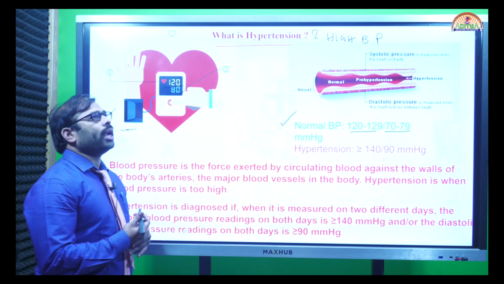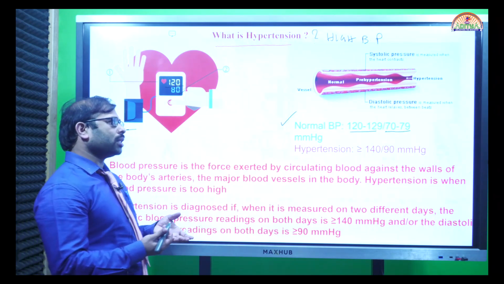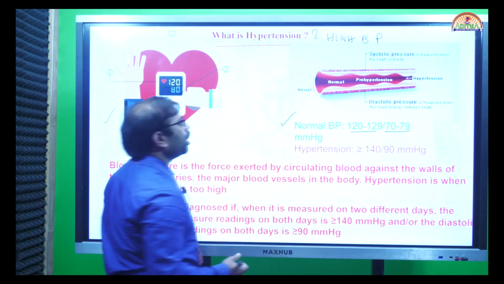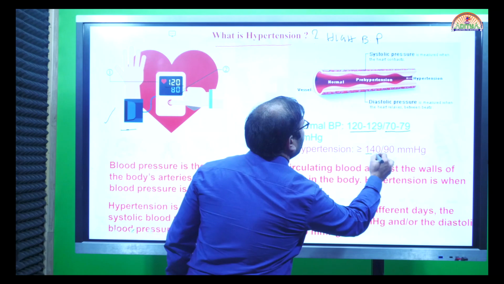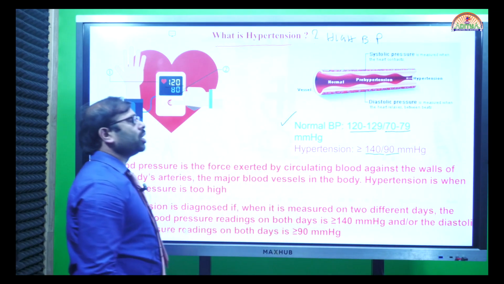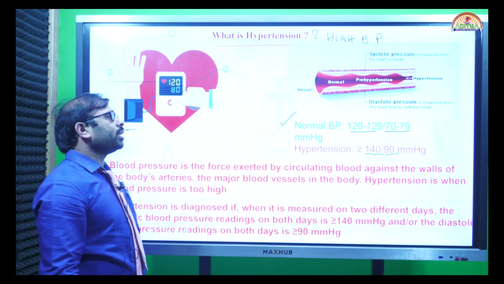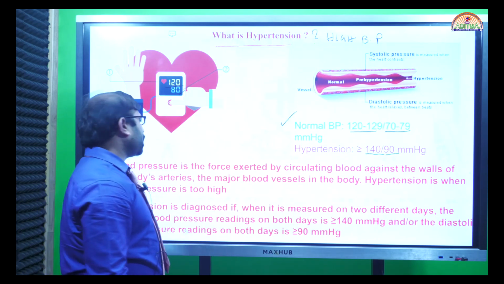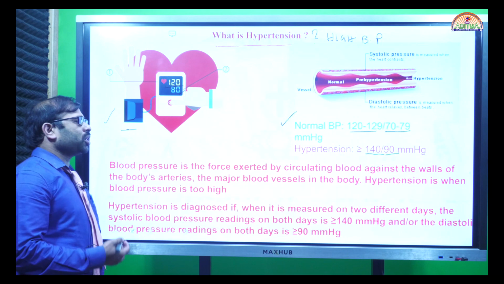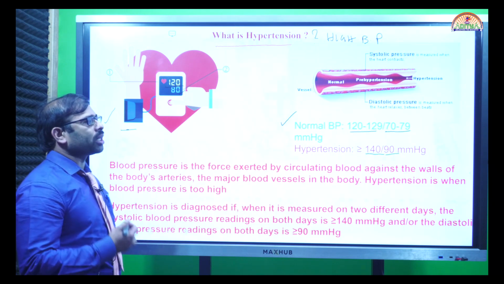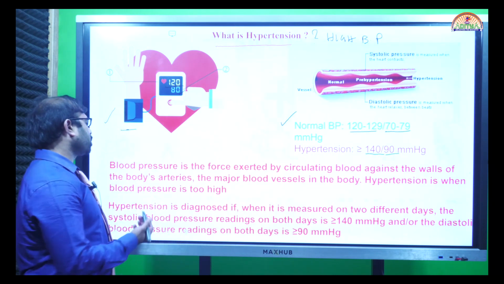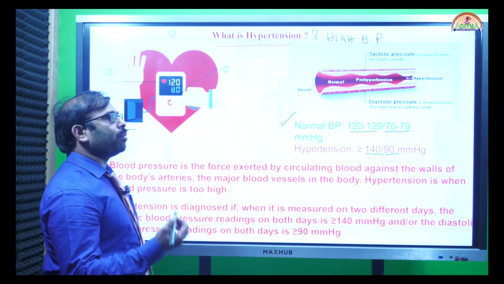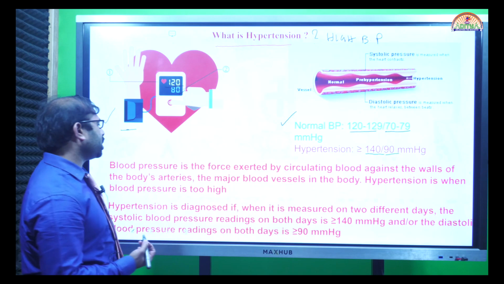That high BP is also known as hypertension. Usually if the blood pressure crosses a value of around 140/90 mm of Hg, then that is called hypertension or high BP. Blood pressure is the force exerted by the circulation of blood against the walls of the body's arteries, the major blood vessels in the body, and hypertension is when the blood pressure is too high.